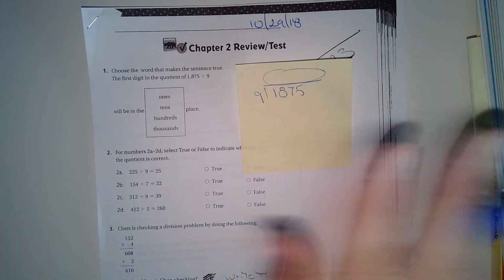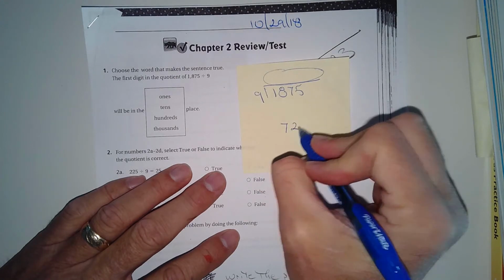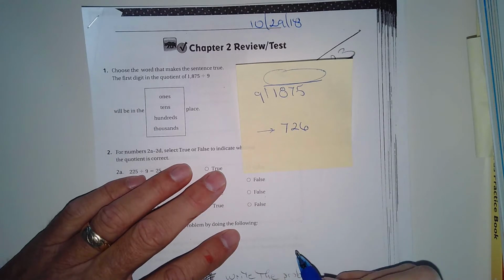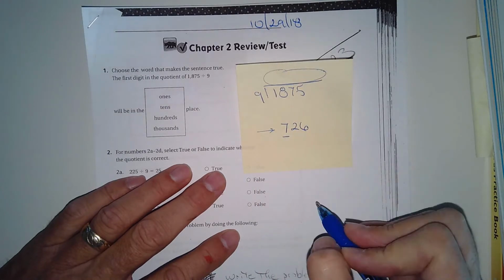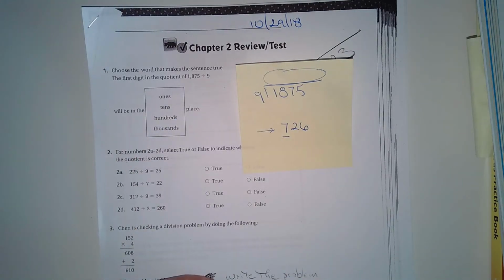So I'm just going to make up an answer here. Let's say the answer is 726. What's the first digit in 726? It's 7. What place is that? In the hundreds place. So you would just circle hundreds. Do you guys understand that?